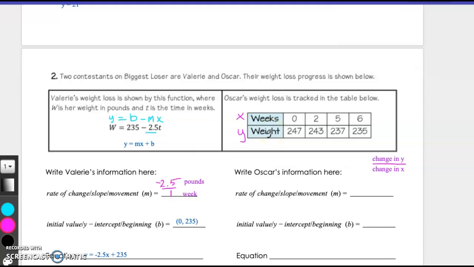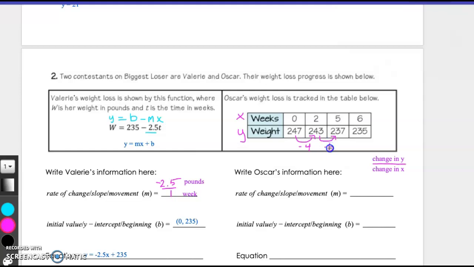So let's find our change in y values first. Let's think about how we're going from 247 to 243. I believe that's a minus 4. And then we're going from 243 to 237. Hold up. I think that's minus 6.